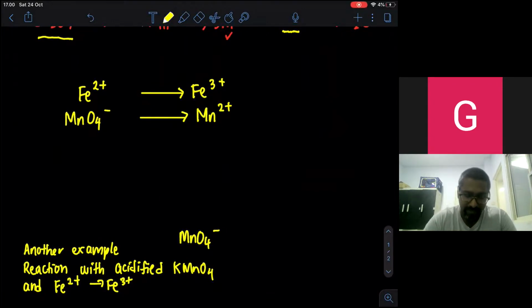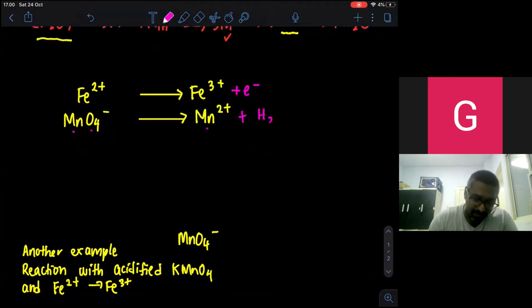So the first thing, I will solve by using the electrons: Fe2+ to become Fe3+ loses 1 electron. So I put plus electron over there. And here, Mn and Mn are the same, so it's still okay. I need to make sure the oxygen appears on my right hand side. As I mentioned earlier, oxygen appears in the form of water.